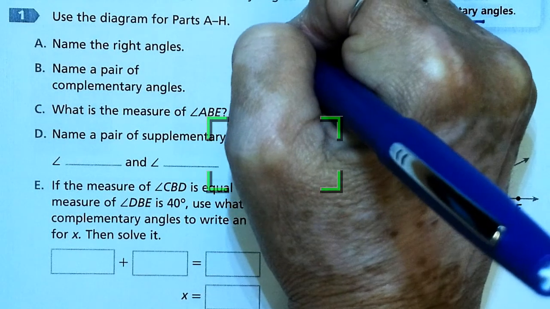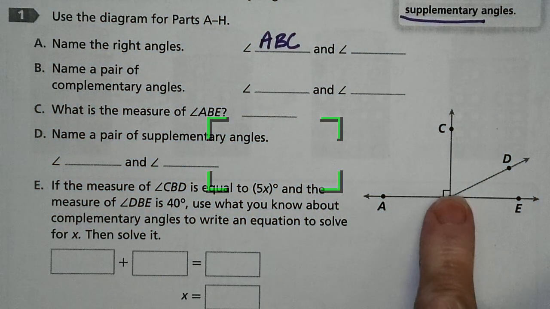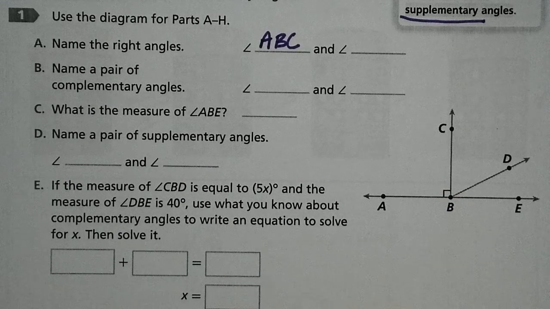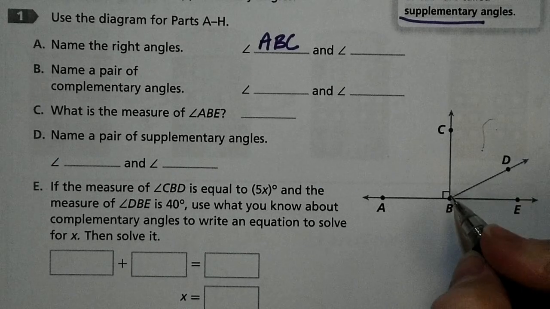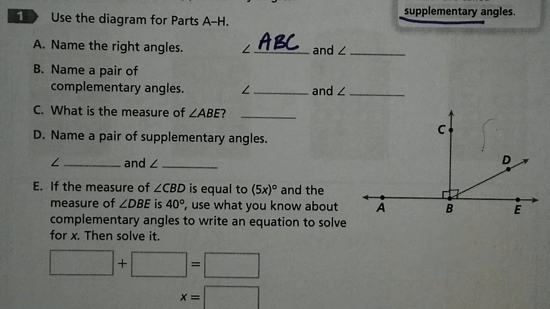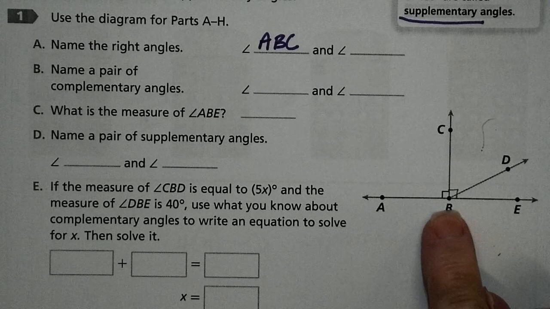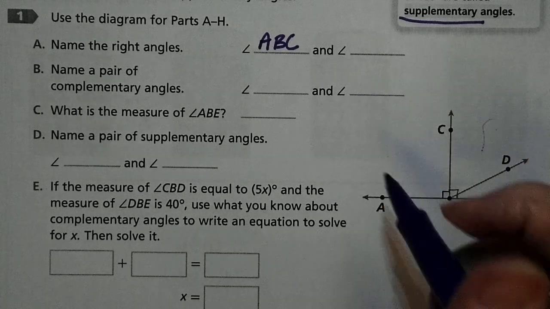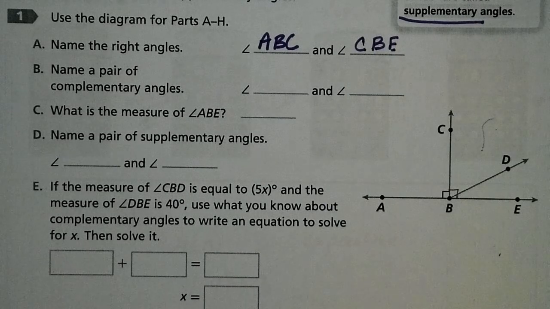So A, B, C is 90 degrees, and I know that because that box tells me that. The other 90-degree angle is these two angles added together. So that would be C, B, E.